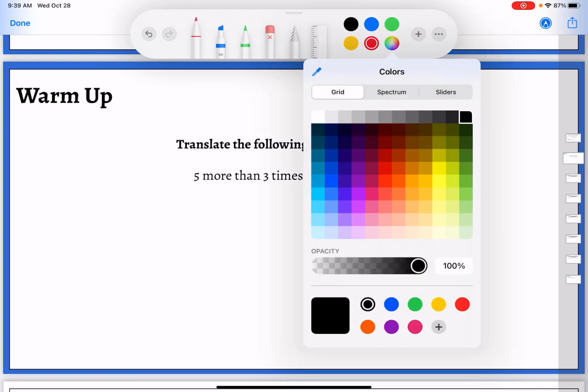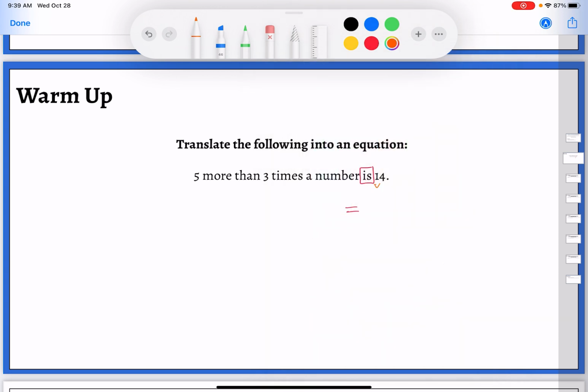And then on the right-hand side of the word "is," I see 14. So really we're thinking whatever this is, it's going to equal 14. So it says 5 more than 3 times a number is 14. When it says 5 more than, I'm going to be adding 5 plus something, because I want to have 5 more than whatever that is. So 5 plus, and then it says 3 times a number.